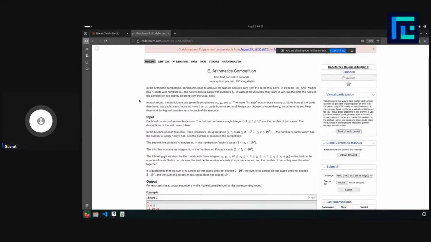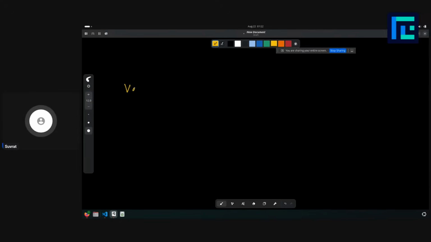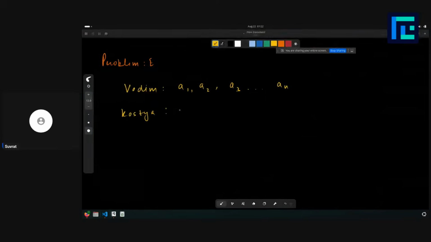So basically, we have Vadim and Kostya. Problem E. Vadim and Kostya have some cards. Vadim has A1, A2, A3 till AN, and Kostya has B1, B2, B3 till BM.